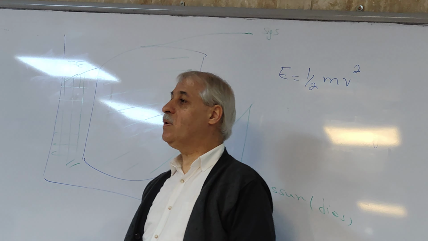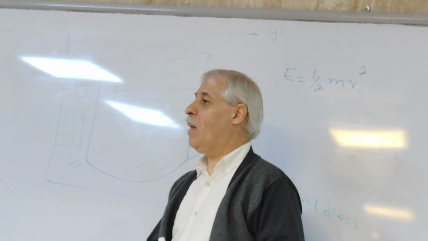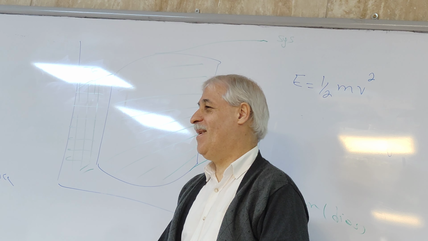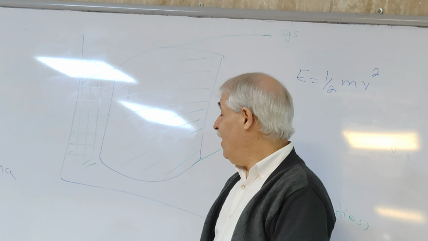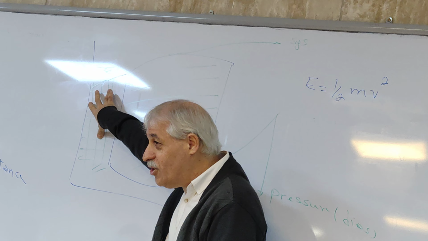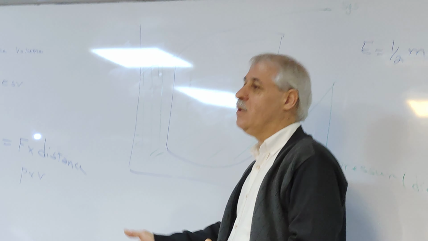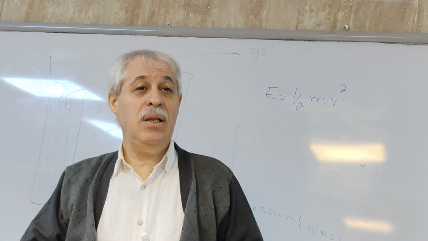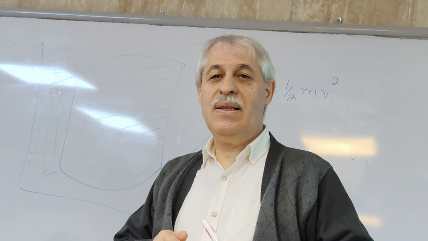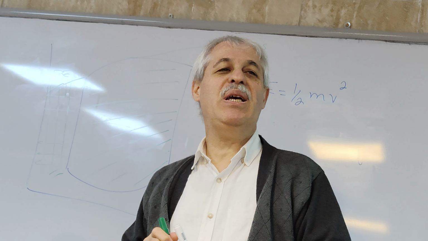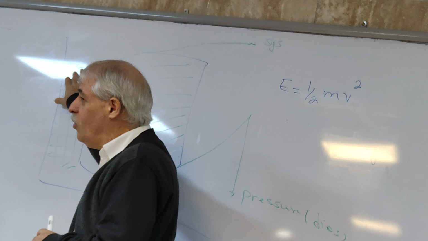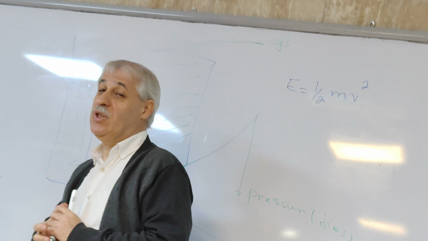Which is not normally used. The valve is closed, so how can we expel? You cannot expel. If you can expel, you will use this potential energy, which is called potential work. Normally, we are not able to expel this remaining 50 milliliter.